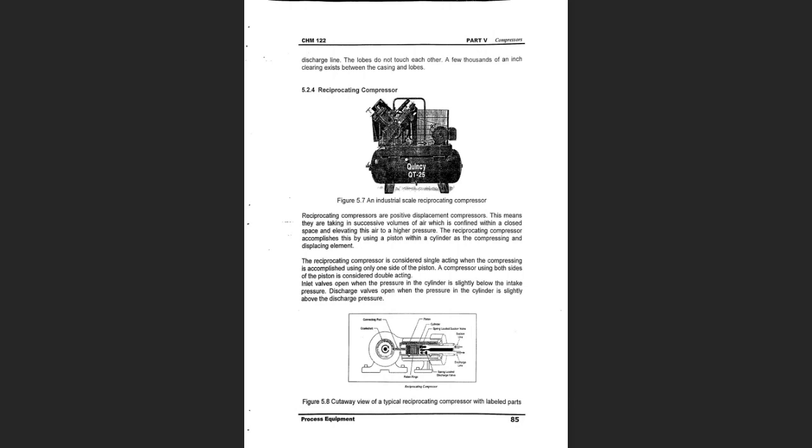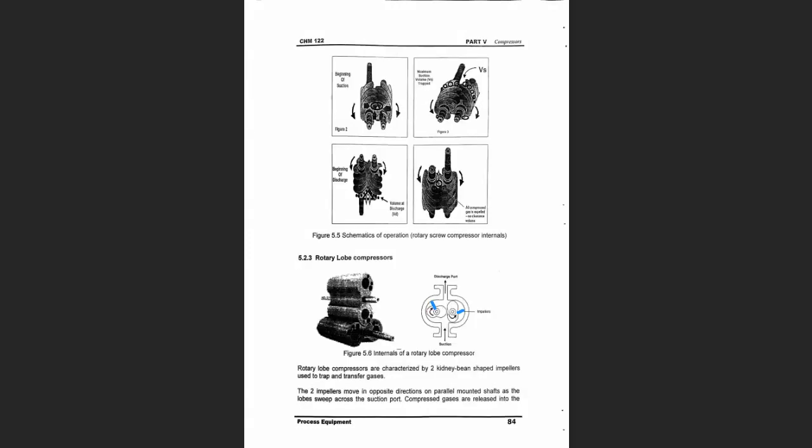Let me zoom in. Into the discharge line. The loops do not touch each other, and we already know that from chapter 1. And a few thousandths of an inch clearance exists between the casing and the loops. Let's go back to the previous drawing, guys, which is the clearance, as you can see in this area.